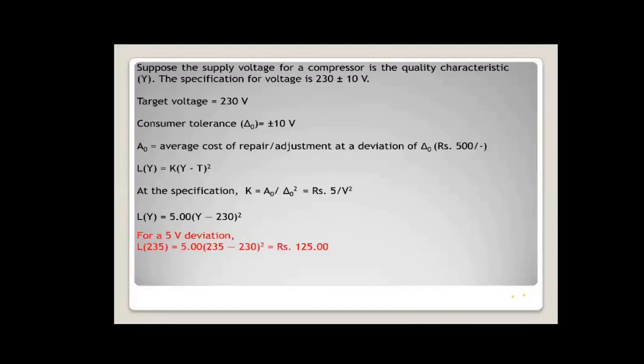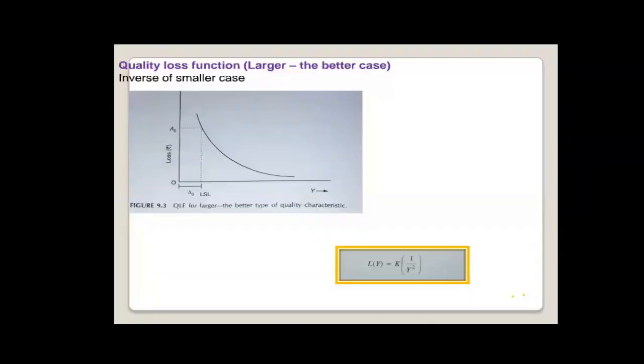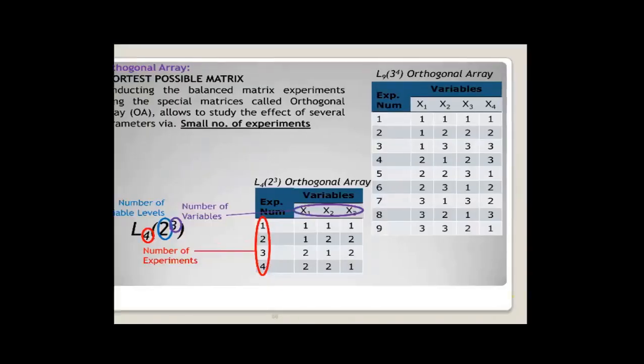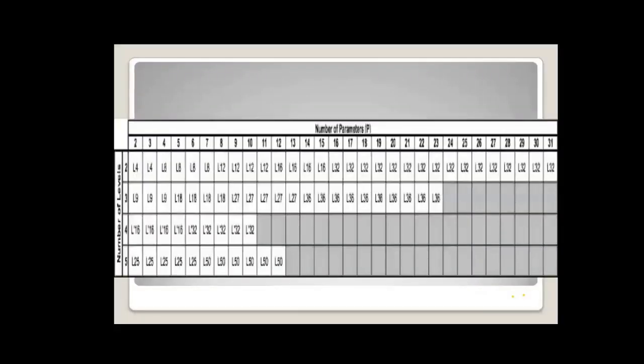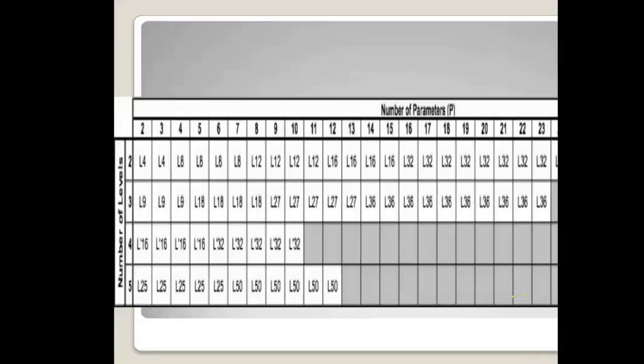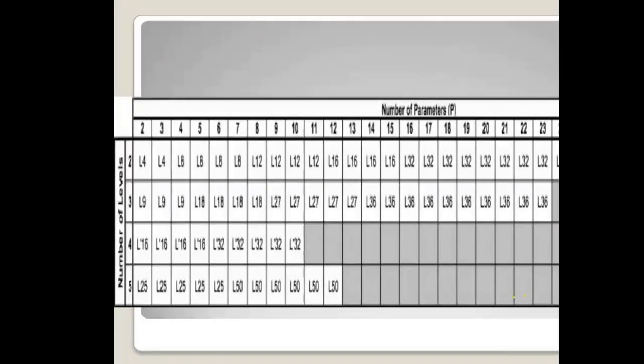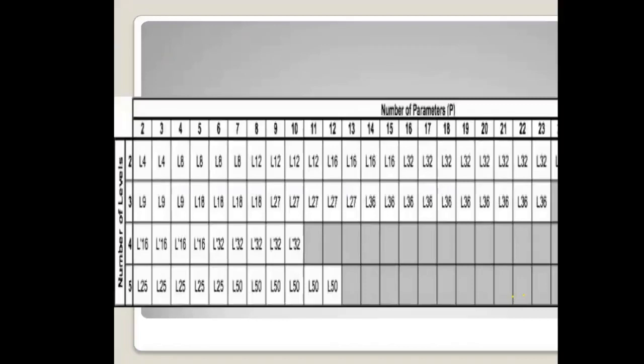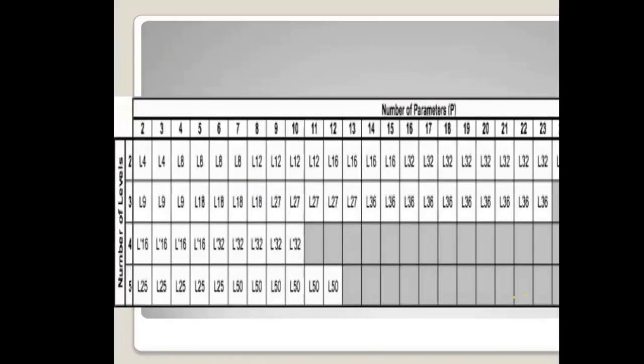This is just quality parts, so you can read it. The basic part of Taguchi is the Taguchi array design. Now, I will show you the beauty of this Taguchi matrix. You will come to know how beneficial it is to minimize the number of experiments.